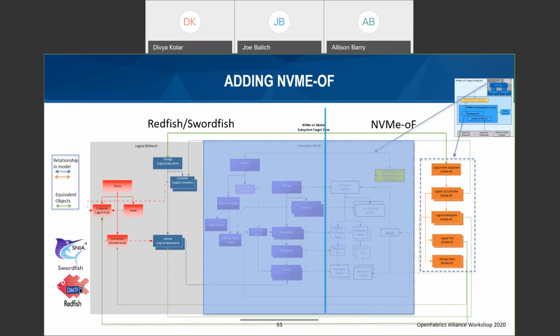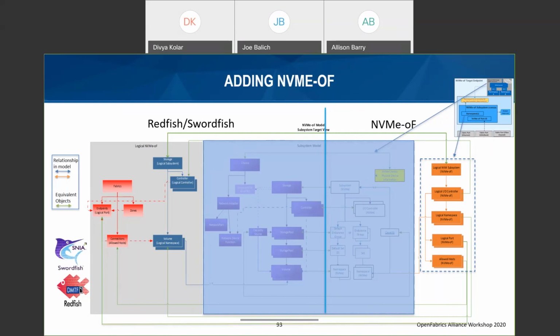On the right side of the grayed out portion, you can see that a local NVMe device has multiple I/O controllers, it has endurance groups, and it has sets. And there are a bunch of orange blocks. Those are nothing but NVMe over Fabrics resources.